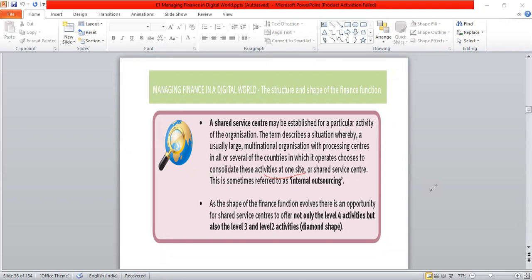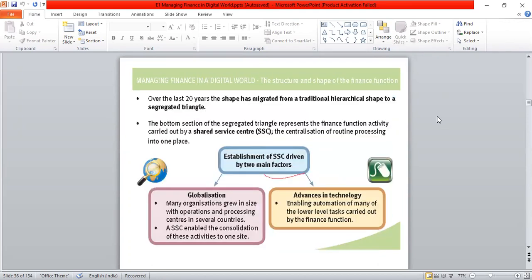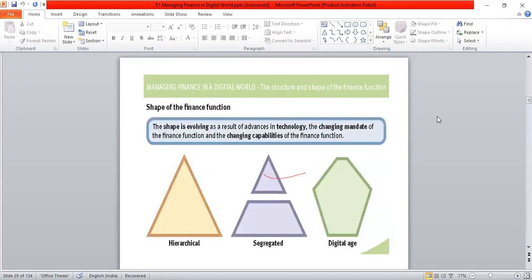So one important part of the work is not carried on in the same place. So therefore we see that there is a split in the image. So that image is called a segregated shape of the finance function.